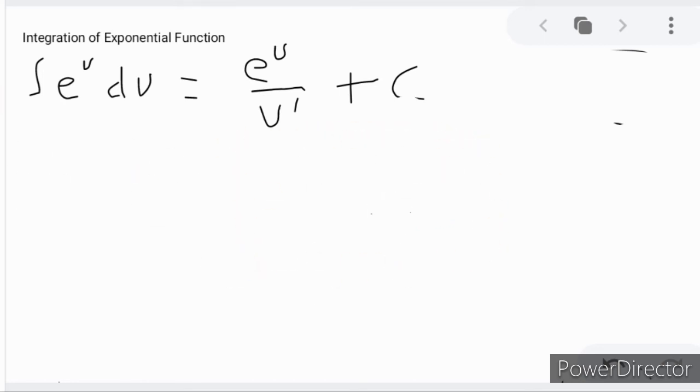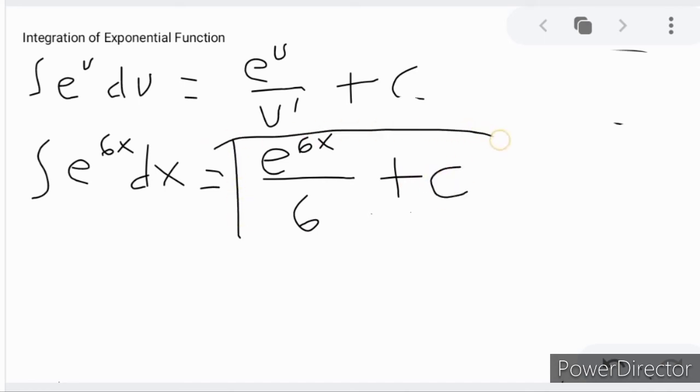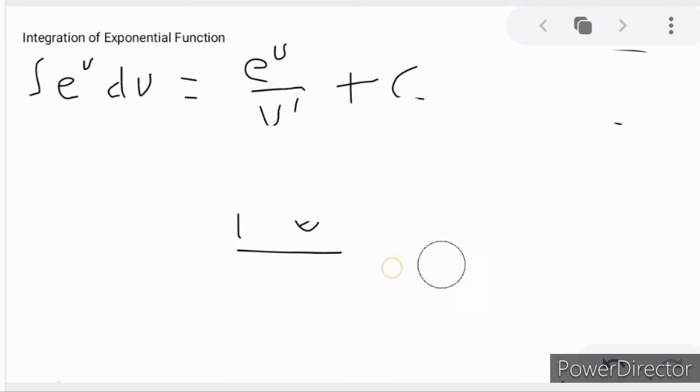Now, let's try another example. By this time, we have e raised to 6x dx. So, we have e raised to 6x, and the derivative of 6x is 6 plus c. So, that is our final answer. Now, let's try this one.